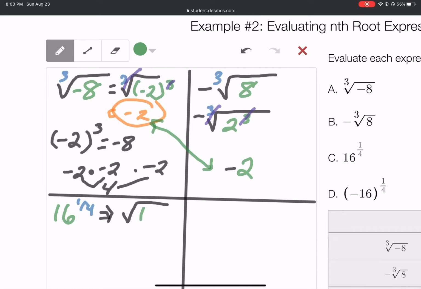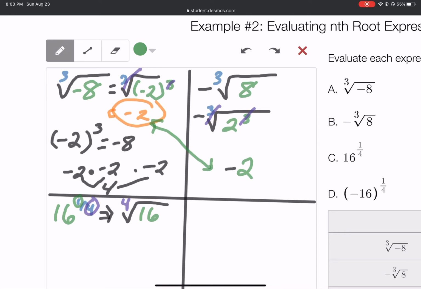Then the 16 goes inside, and the bottom number of the fraction is our index. So that number is going to go here. That's our index. And then the top number is our exponent. So 16 to the power of 1, which is just 16.